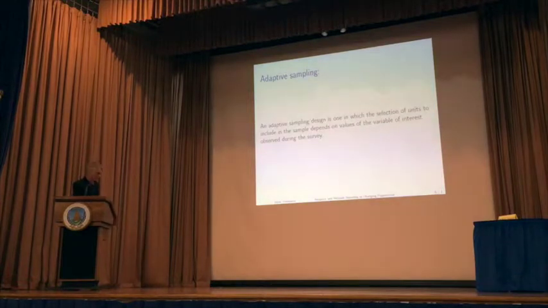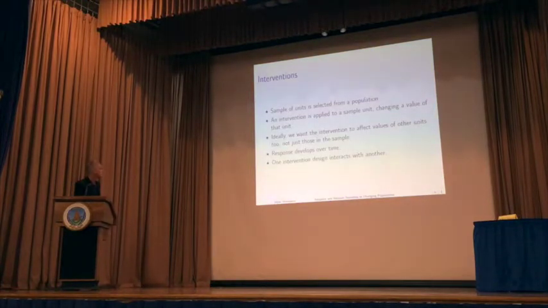Now, in intervention designs more generally, we're interested in making an intervention in a population, like a health intervention or integrated pest management techniques in agriculture. We would like this intervention to benefit the population, and usually we can only make the intervention on a sample of the population, on some subset.